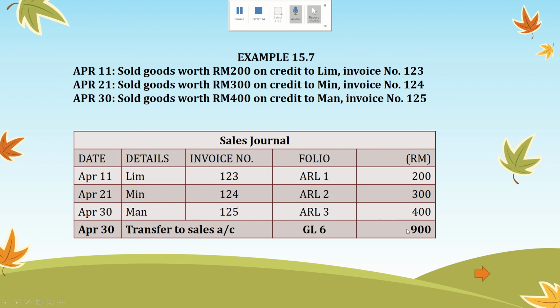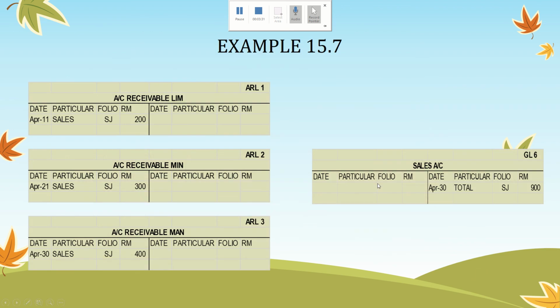So total credit sales is equal to 900 ringgit, and this total credit sales will be transferred to the sales account as at April 30 in General Ledger 6. These ledgers are as follows.